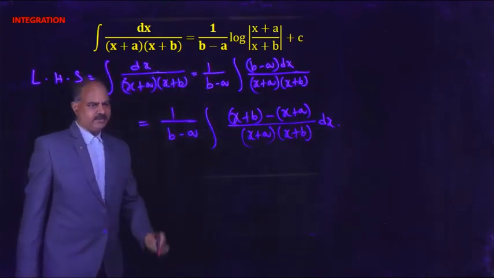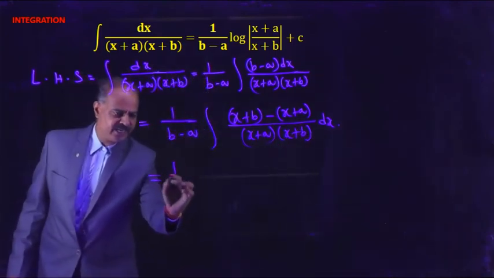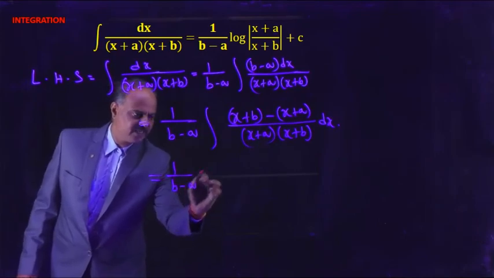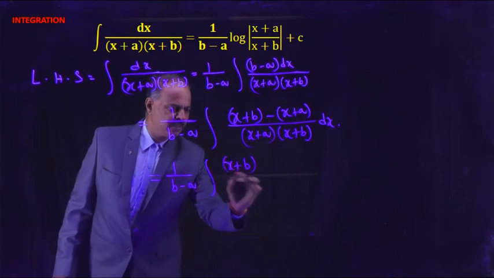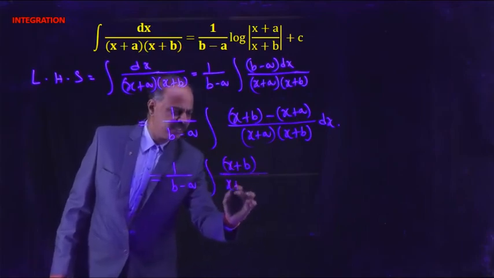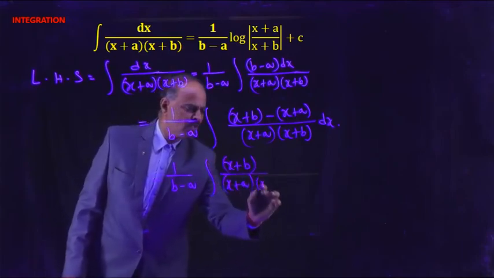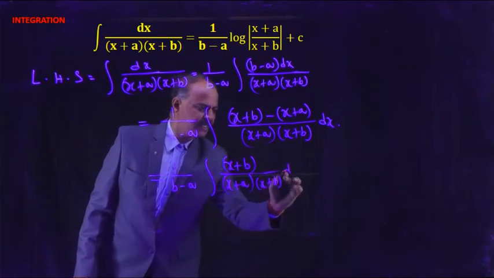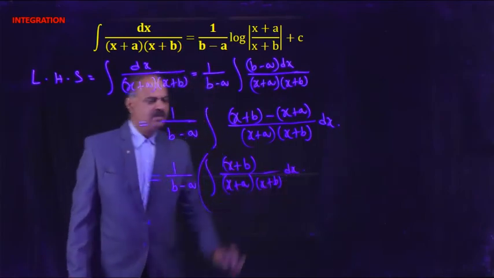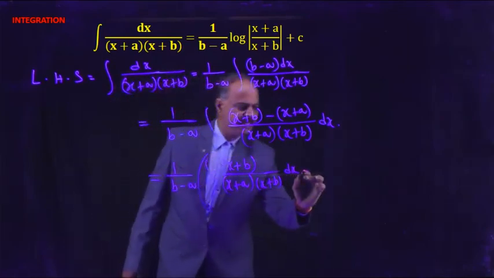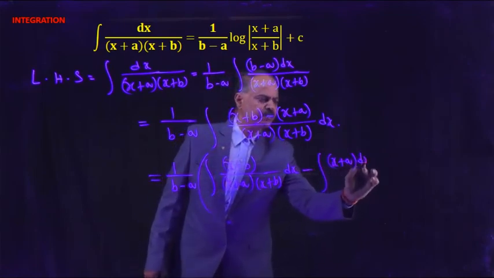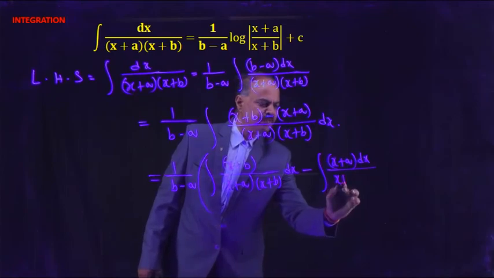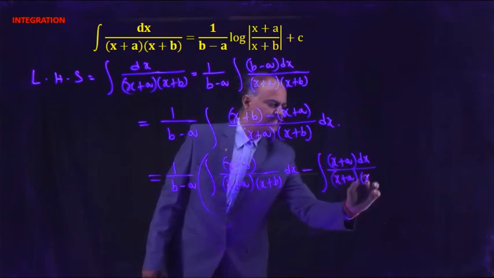Now this can be written as 1 by (b minus a) into integral (x plus b) by (x plus a) into (x plus b) dx minus integral (x plus a) dx by (x plus a) into (x plus b).